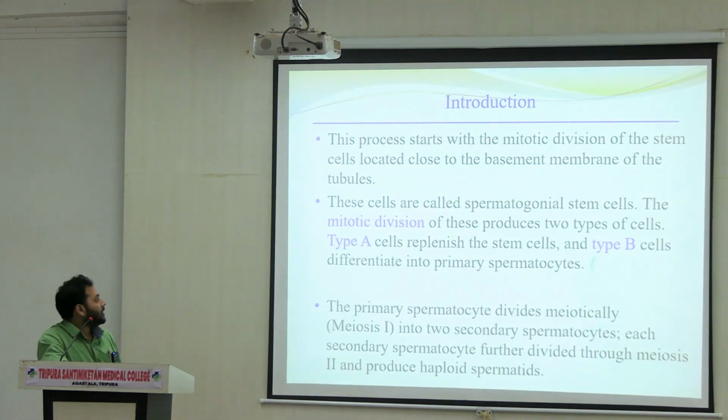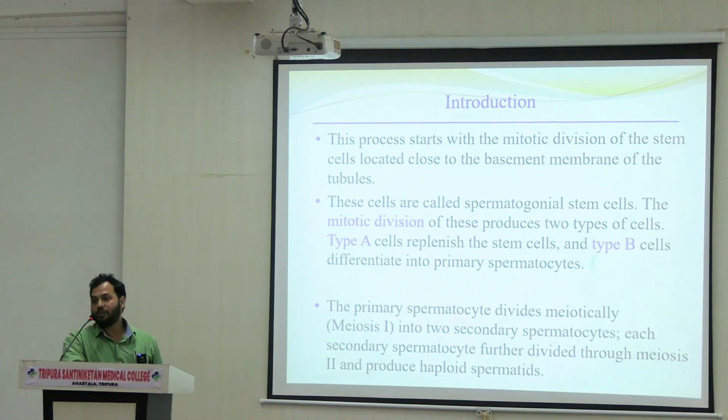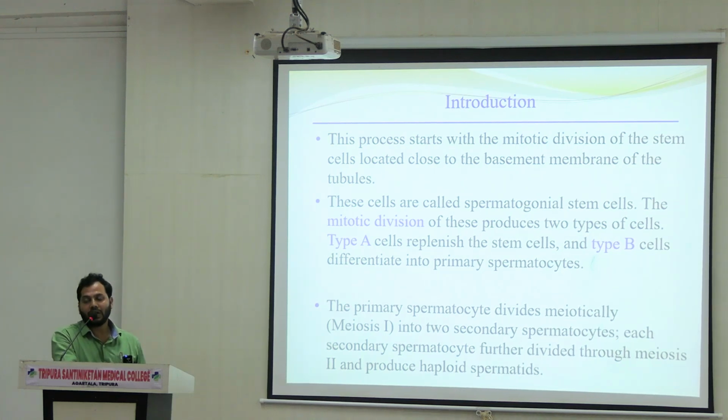These spermatogonial stem cells are of two types: type A spermatogonial stem cells and type B spermatogonial stem cells. The most important part is the differentiation process of these stem cells. Type B spermatogonial stem cells are mainly involved in the spermatogenesis events.